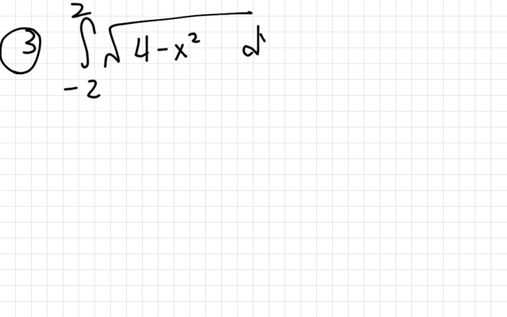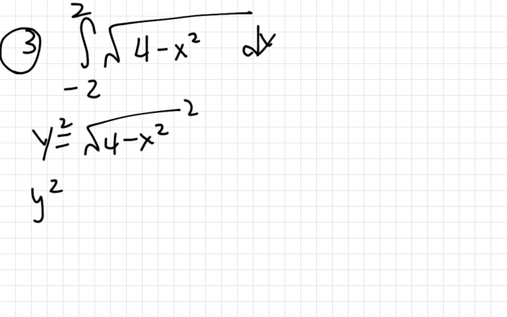Alright. Example 3. How about the integral from -2 to 2 of the square root of 4 minus x squared dx? Now, graphing this function may not be as quick for you right off, but I think that you'll see if we had y equals the square root of 4 minus x squared, this would look a little bit more familiar to you if you first squared both sides.